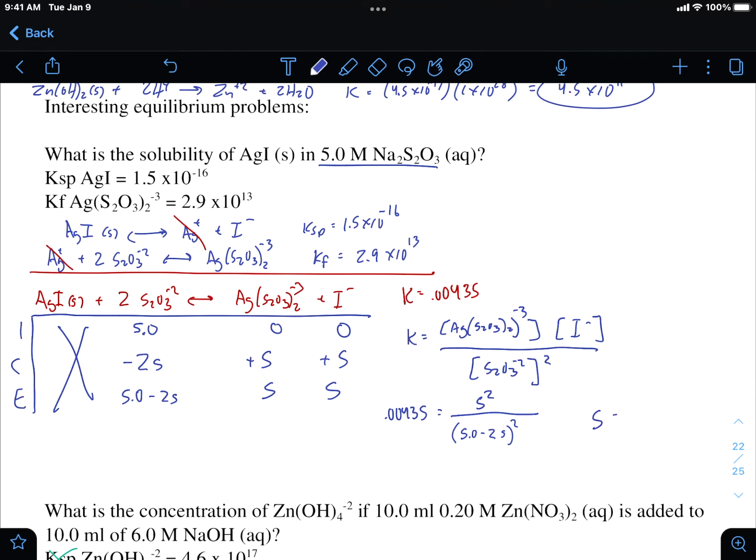We get a solubility of 0.29 molar. You guys get that? Okay, good.